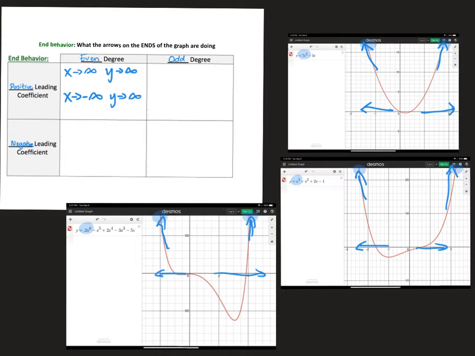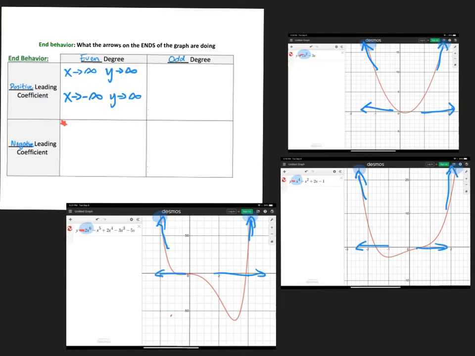I'm not going to show graphs for even and negative, but I do want to think quickly about what would happen to these graphs if I made the leading coefficient negative. We've been learning about transformations on graphs, and a negative outside of the graph is going to reflect all these graphs upside down.